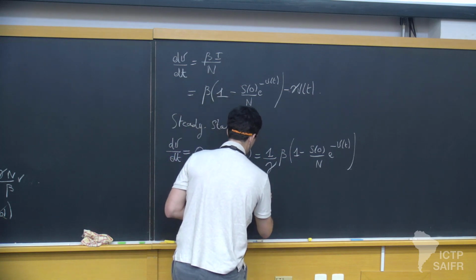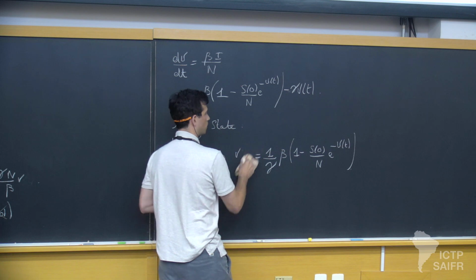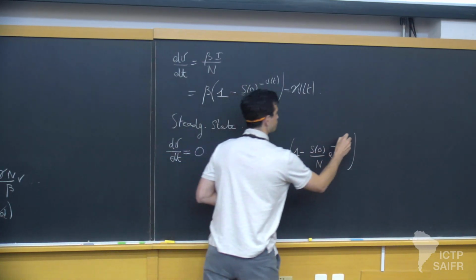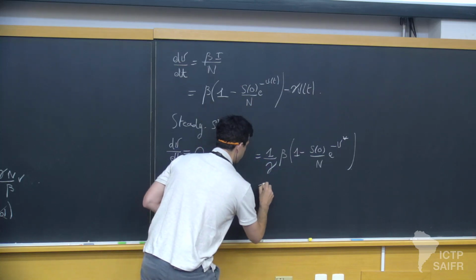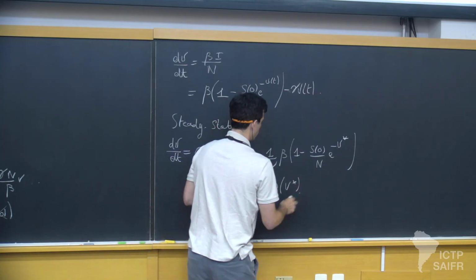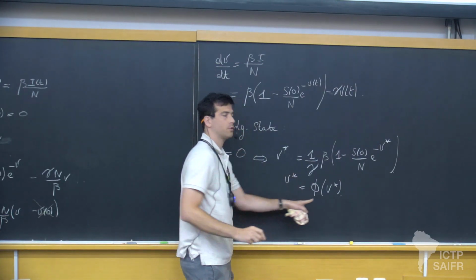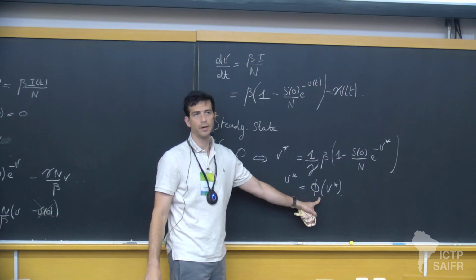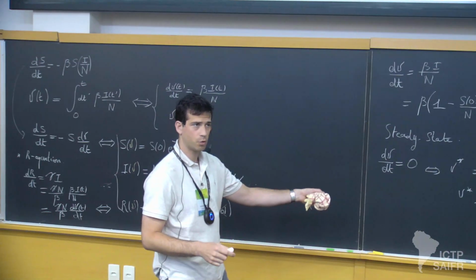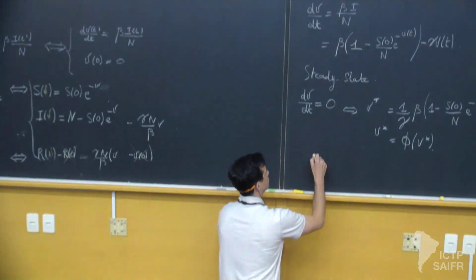Maybe I should just say this should be the steady state, right? This is a function, let's call it phi of nu star. So this equation means that nu star is a fixed point of this function phi. A very simple numerical scheme, if you just want to know the final state, is to make a sequence like this.